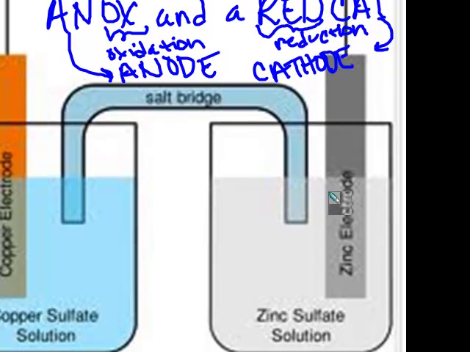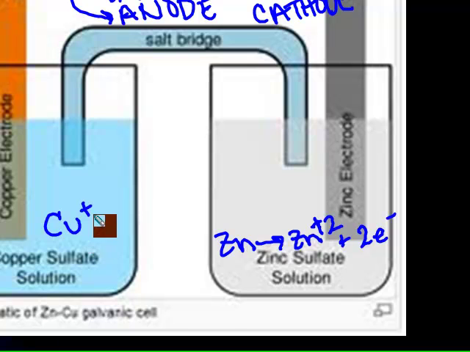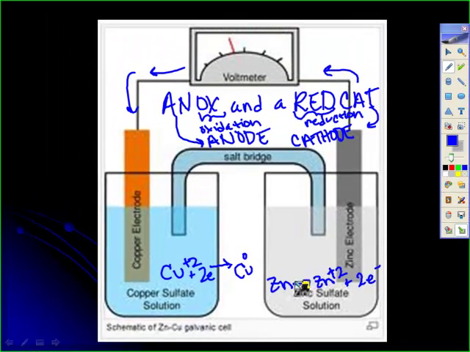So in this example, remember Zn was becoming Zn plus 2 and freeing 2 electrons that moved from right to left in this example. Right to left doesn't really matter, but in this example, they moved right to left so that copper could go from plus 2 to 0. Since this is where oxidation happened, an ox, this is called the anode.